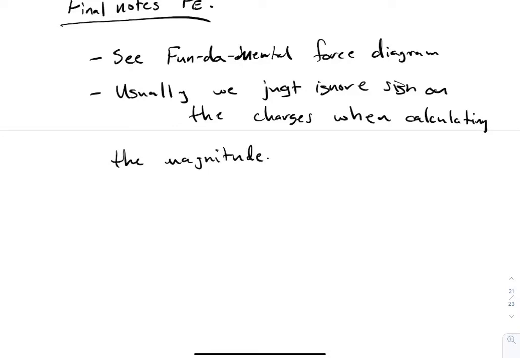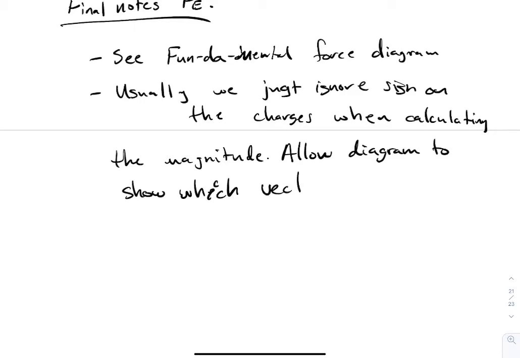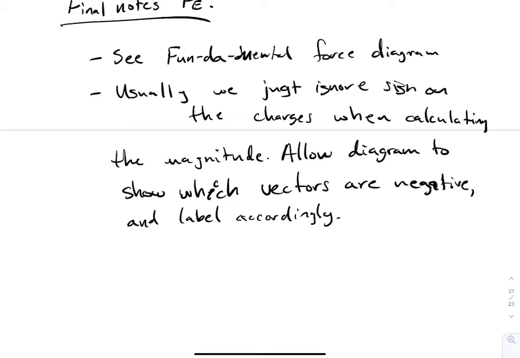And then I'm going to note, allow the diagram to show which vectors are negative and label accordingly. So just a reminder, that's something that students forget.